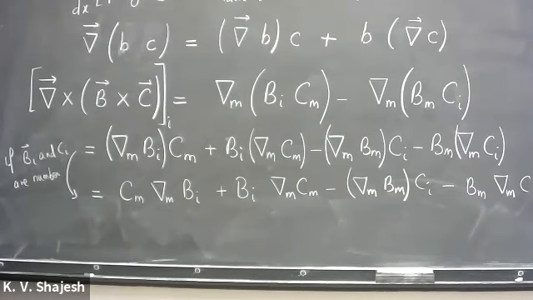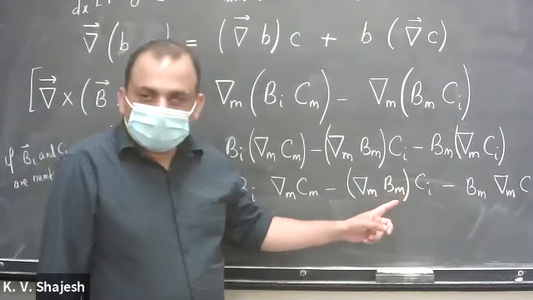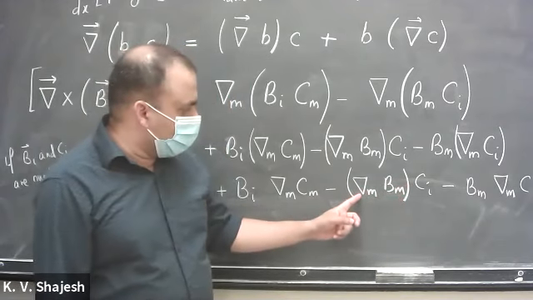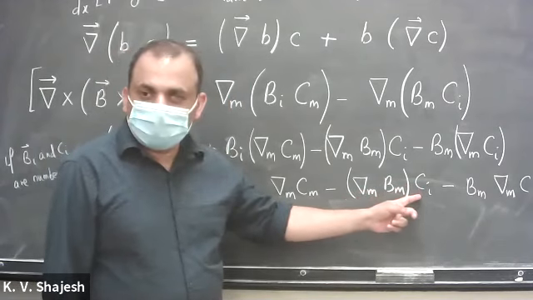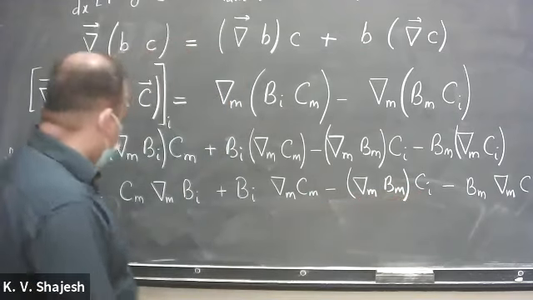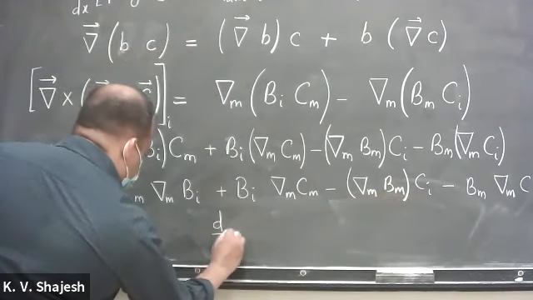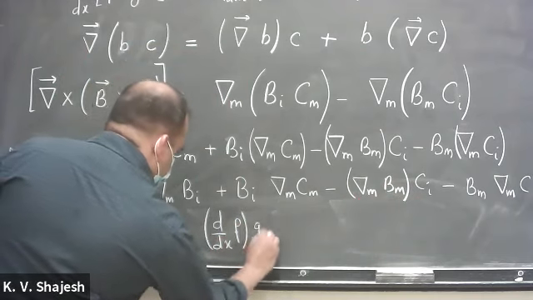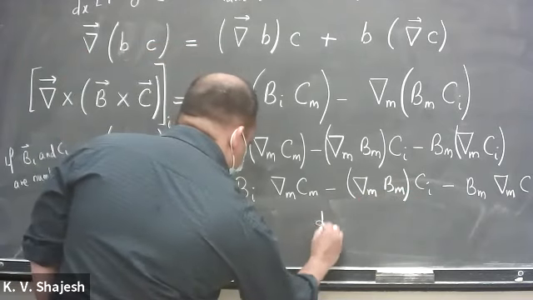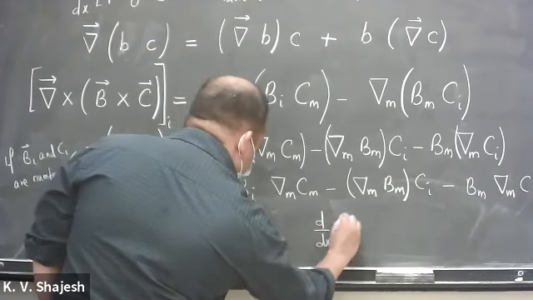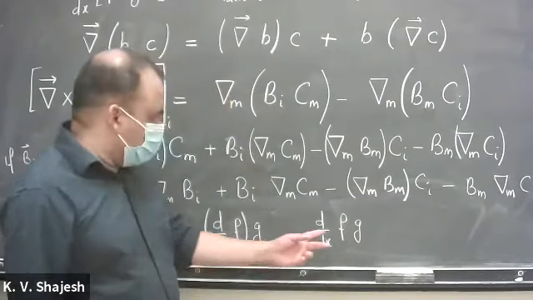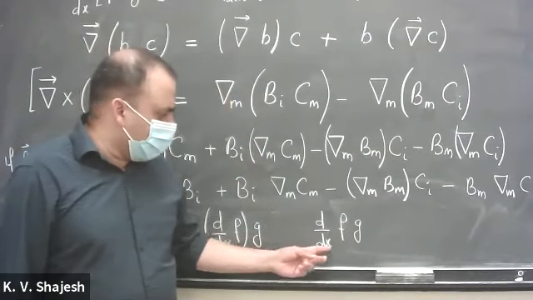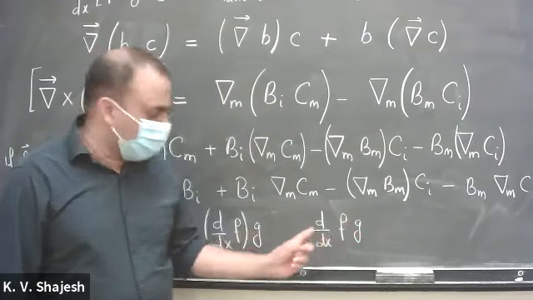Christian? Yeah. Why was the parenthesis kept? Because if I don't write the parenthesis, it's not clear whether this differentiation acts on C or not. So, for example, if I write derivative d by dx of f times g, I'm not sure whether d by dx acts on f, or both f and g, or only on g.